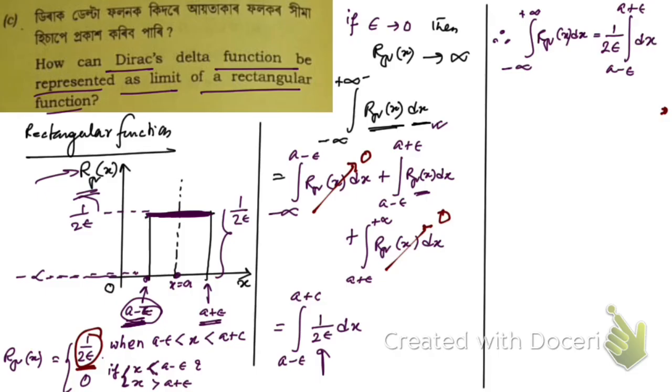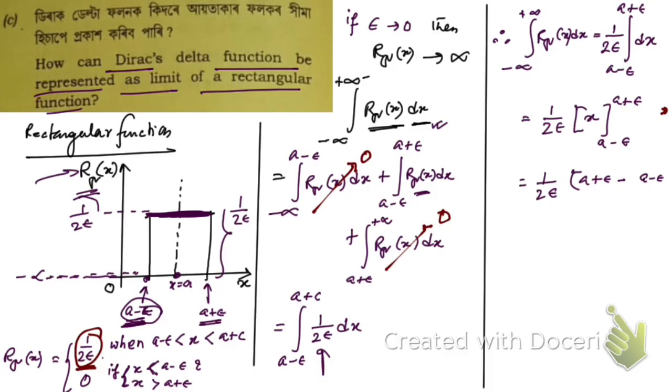So that's gonna give you integration of dx is x, and the integrating limit is a minus epsilon to a plus epsilon. Let's put the lower and upper limit. Then upper limit is a plus epsilon minus lower limit is a minus epsilon.